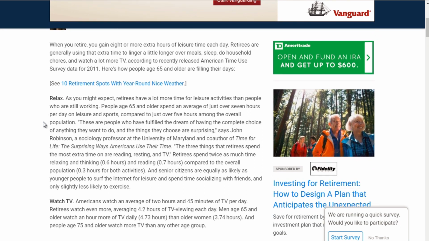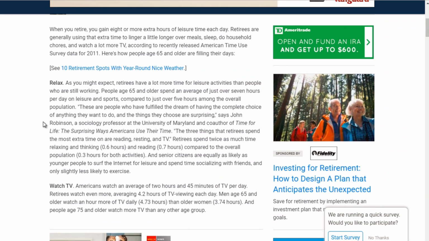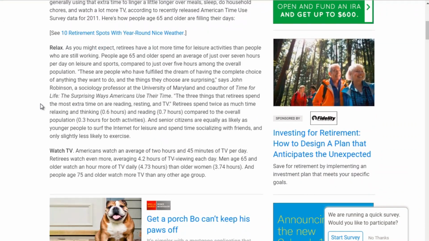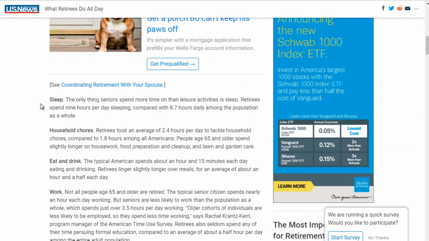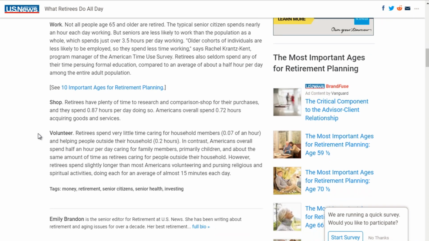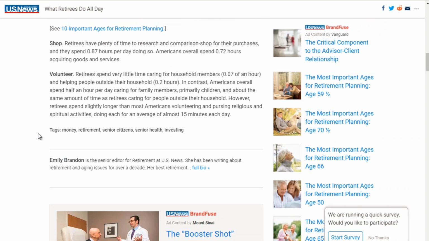Then you can measure the two, compare the two, and figure out what the similarities are. So it says here, what do retirees do all day? It says they relax, they watch TV, they sleep, they do household chores, they eat and drink and work and shop and volunteer and so forth.